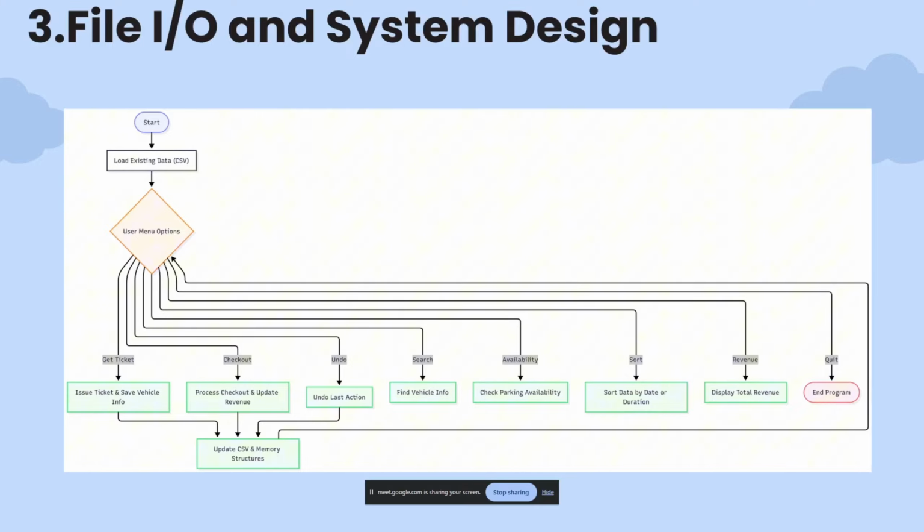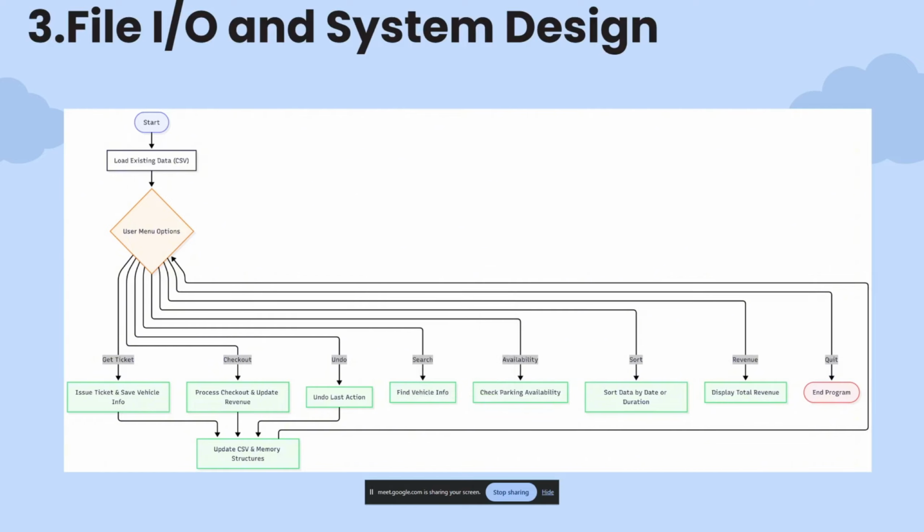And the second option, when you check out, you will be asked, are you sure you want to check out? And when you press yes, you will be asked to input your ticket ID and plate number. And then when you check out, your vehicle information will be deleted from the car CSV or motorbike CSV.